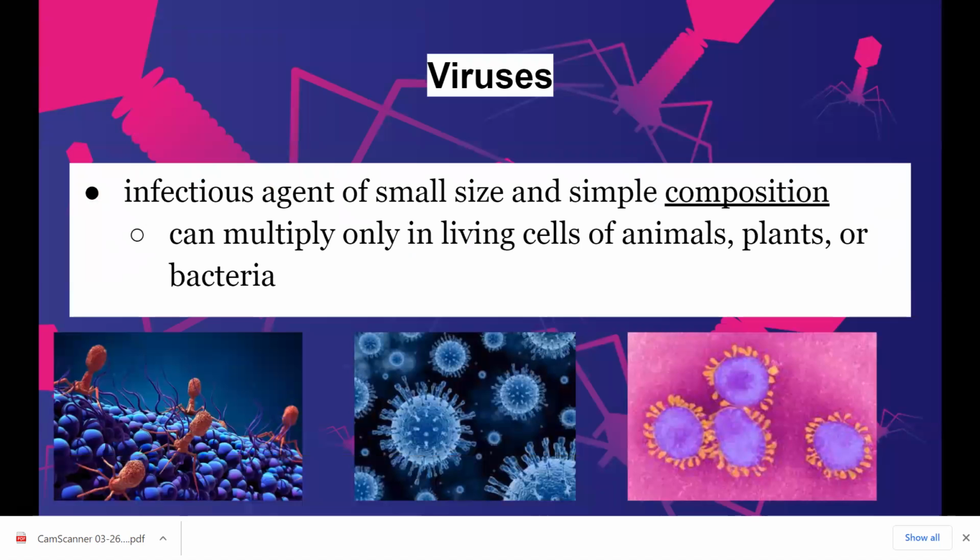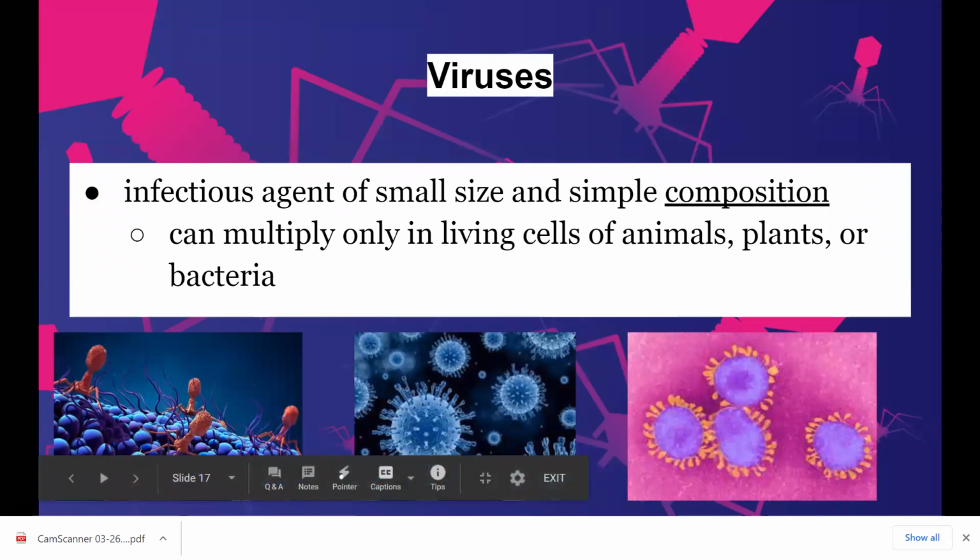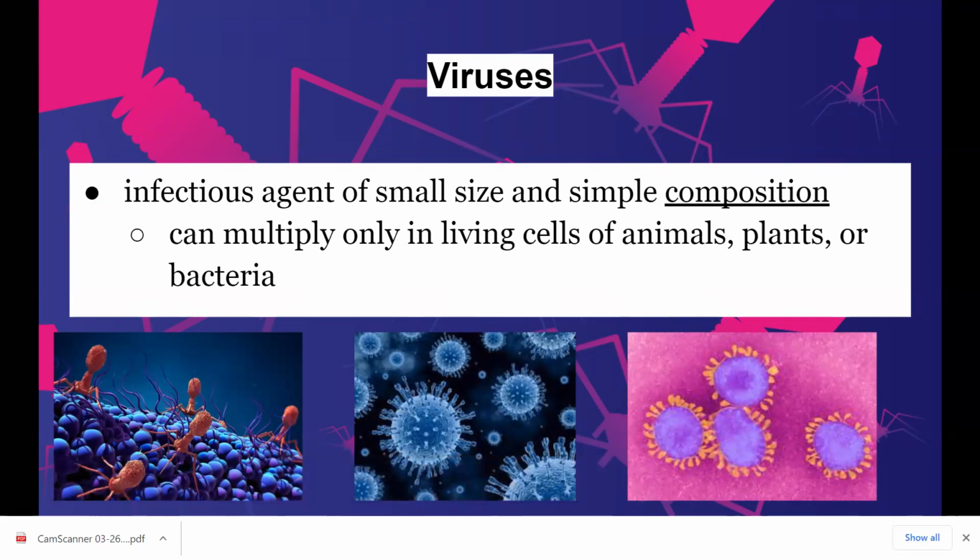Last thing I really want to discuss is viruses, because viruses are very important to understand, particularly now since we are in the middle of a viral pandemic. A virus is an infectious agent that's tiny, and it's very simple, and it can multiply, but only on living cells of plants, animals, or bacteria.